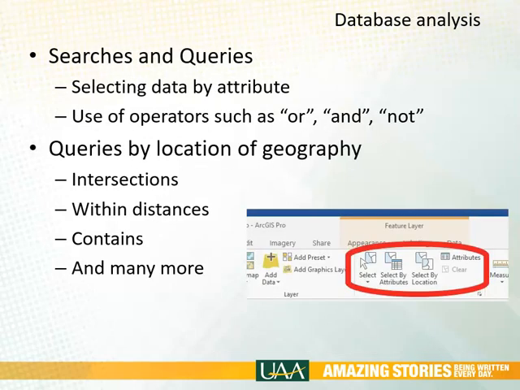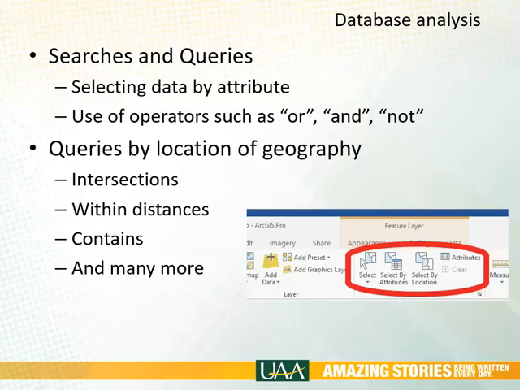One of the ways that you'll be using your database material once it's created is by doing various searches and queries, where you will be selecting by attributes using various operators, including the so-called Boolean operators. You'll also do queries by the location of the data that you've collected.